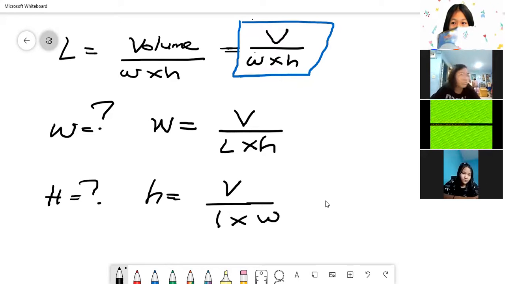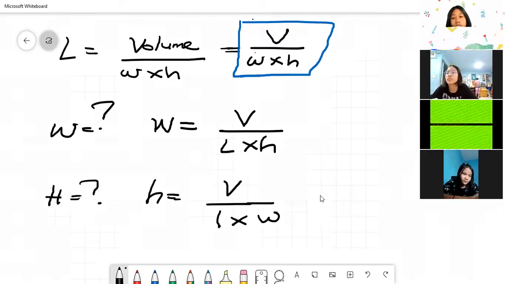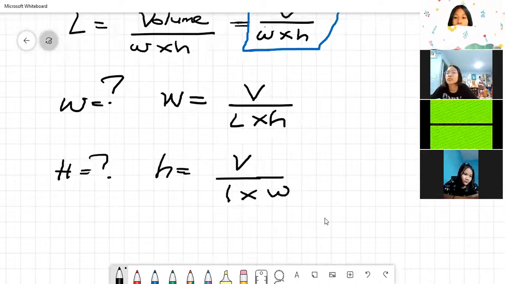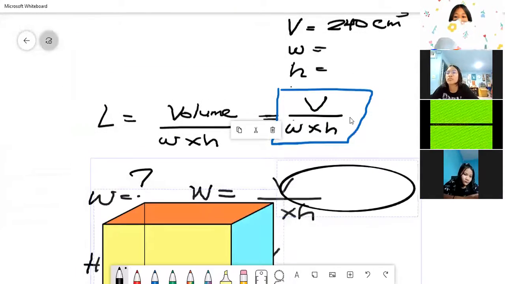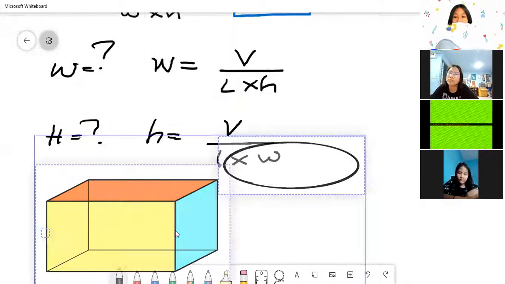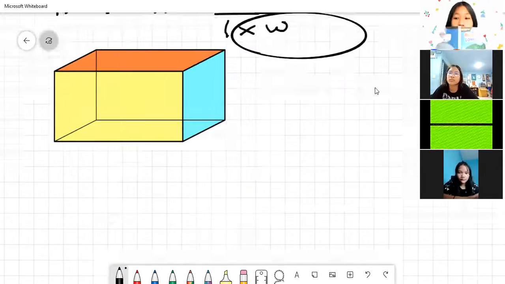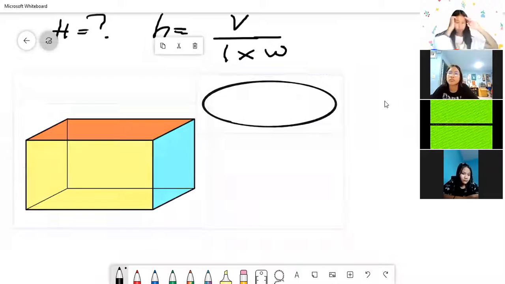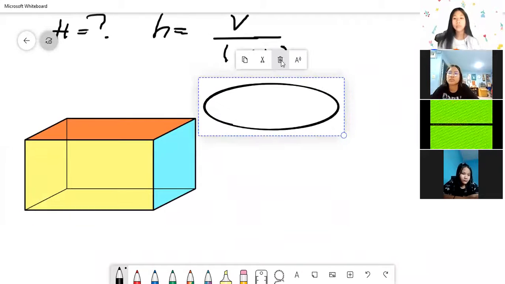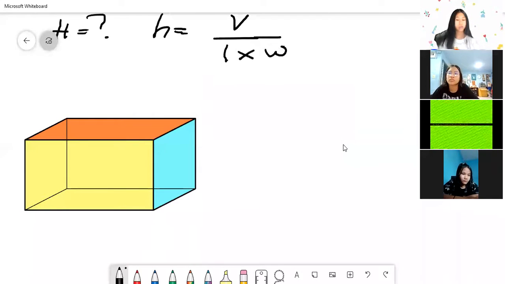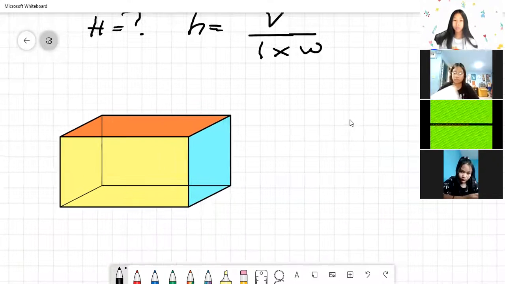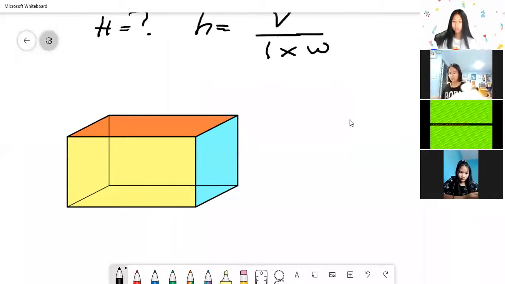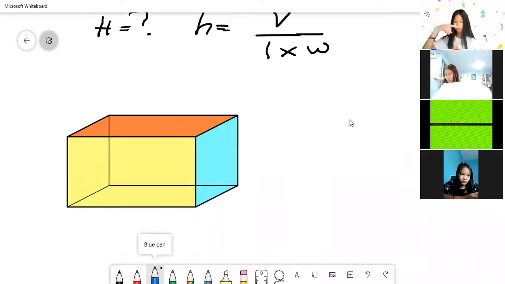Now, let's go to the example here. Example number 1. We will use this one. What's the question mark here? Example 1 is?